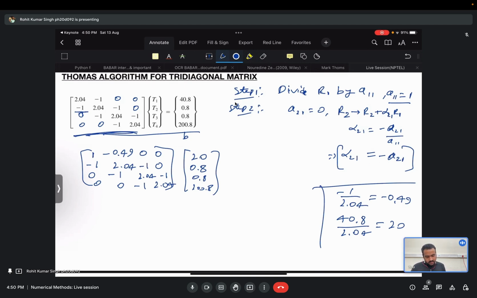Now in the next step, you need to perform R2 goes to R2 minus a21 R1, right? In the first column, at R2 you have minus 1, and R1 has 1.